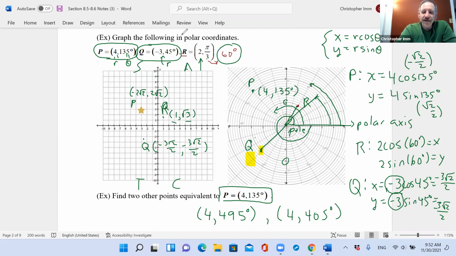And then when we go around 360, we have 135 left. So we're all the way back here. So this really just takes us around 1 and a little bit more times. And then we have our modulus, or our radius, distance from the pole, as 4. So this point is exactly the same as the one up above it.